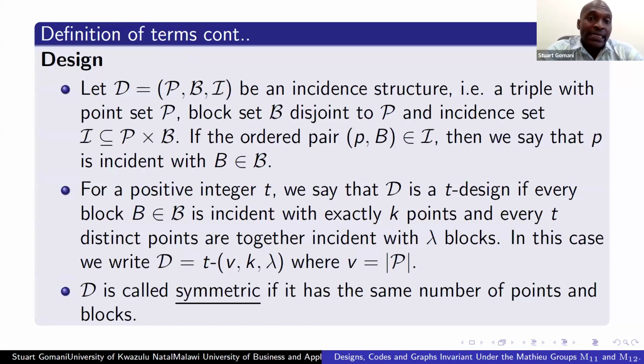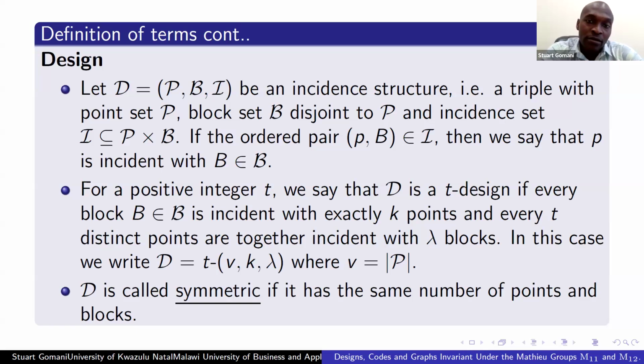Now, let calligraphic D be an incidence structure. By that, we mean D should be a triple of a point set, a block set, and an incident set I. This incident set should be such that it is sitting inside the Cartesian product of the point set and the block set.